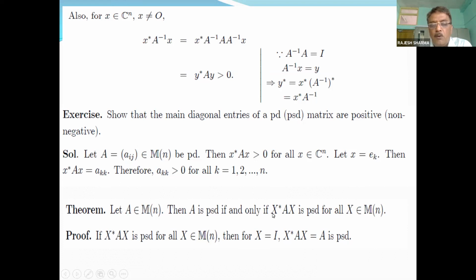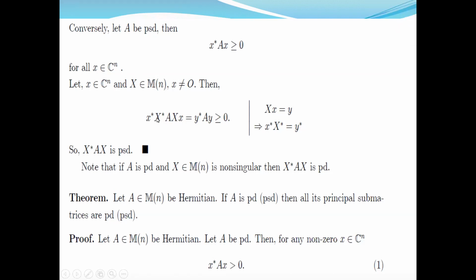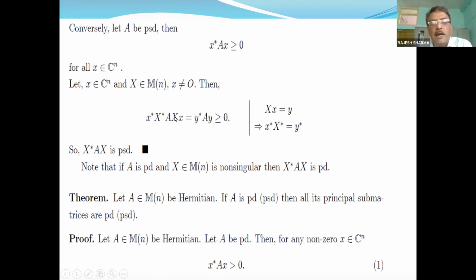Now the converse part: if A is positive semi-definite, then X star AX is also positive semi-definite. Let A be positive semi-definite, then this is greater than or equal to 0 for all x belonging to Cn. Then write this matrix X star AX.